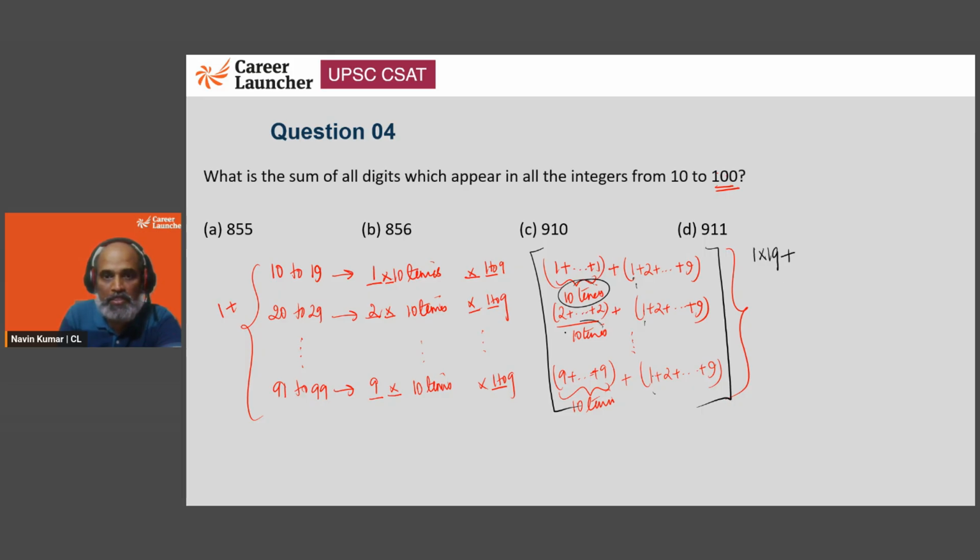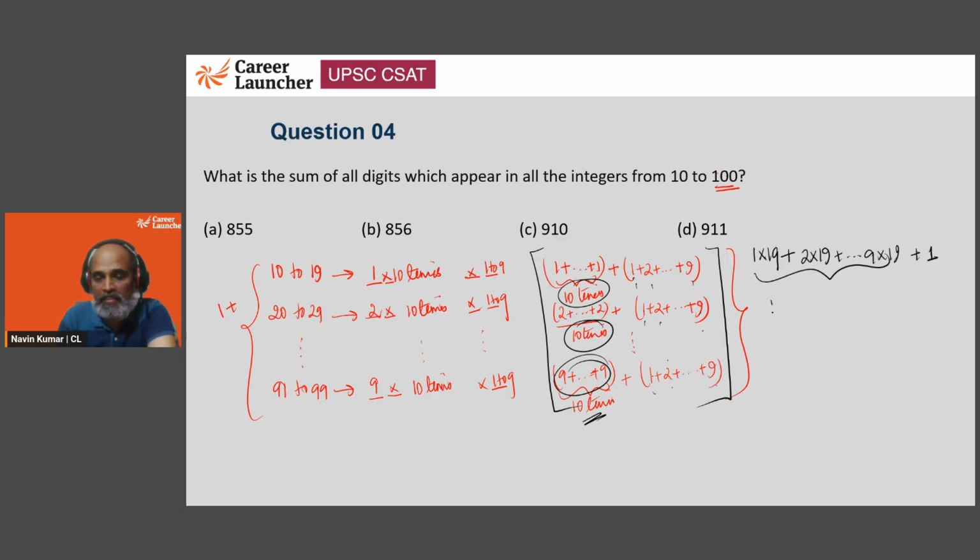Next, 2 is getting added 10 times here and then 9 times again, so that's 19 times. Similarly, 9 is getting added 10 times here and then 9 times here as well. So that's going to be 9 into 19, and then we will also have a 1.